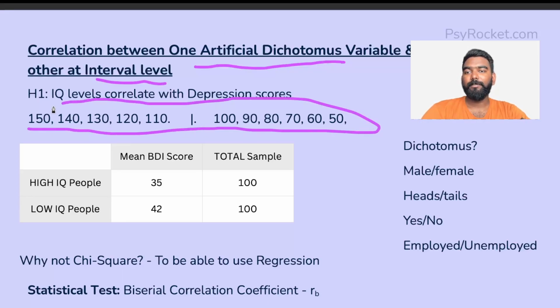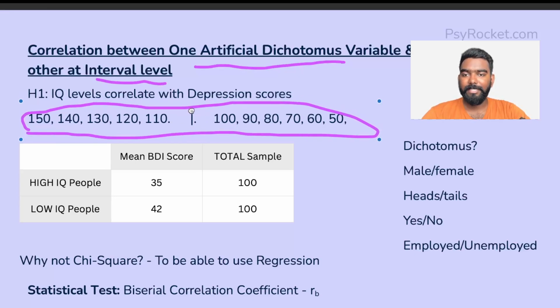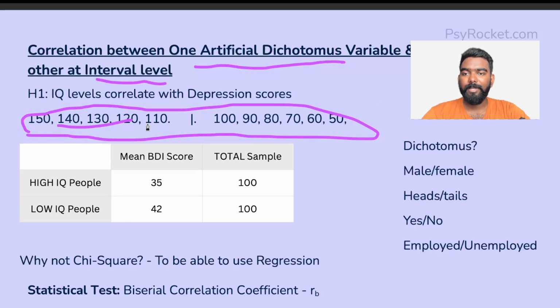Suppose you want to see whether IQ levels correlate with depression scores. You can directly do it with IQ levels and depression scores, using Pearson or such. Or else you can first divide people into higher IQ level and lower IQ level. See, 150, 140, 130, 120, 110.